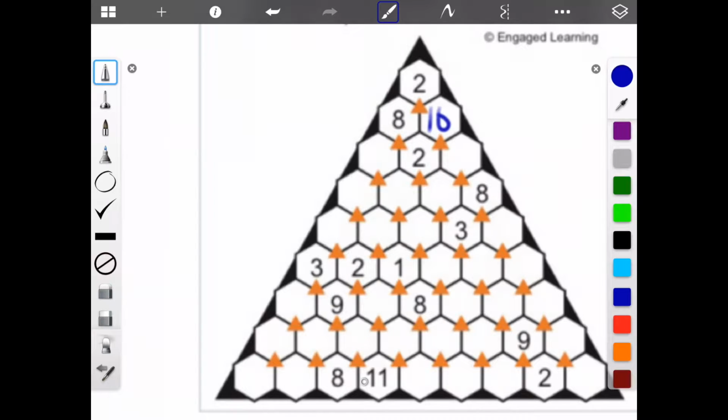If this is 10, then these two have to add up or subtract to 10. So this could be 8, which makes no sense because this would have to be 0. Or this could be 12, which means this is 4, so this could be 7.